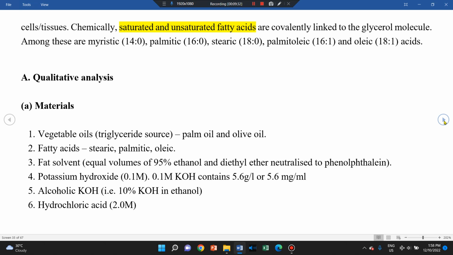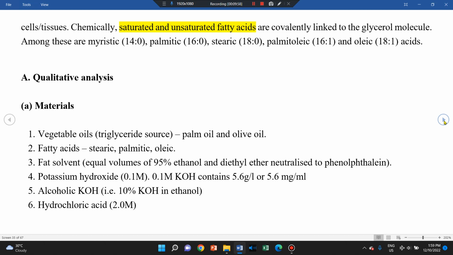And so far, I think we never neutralize to phenolphthalein. We'll just accept it as it is in a neutral pH. If you are a bit worried, you can actually use a pH meter to determine whether it's neutral, and if it's not, then you can adjust it to 7. But so far, I can recall we did not do it.